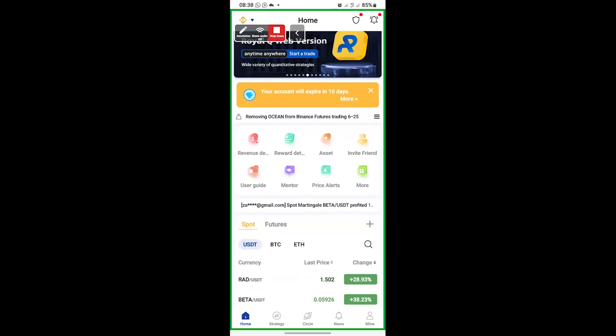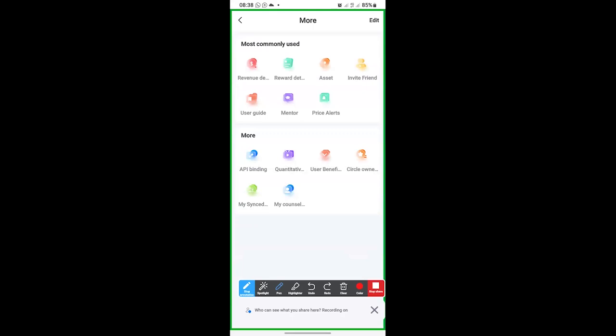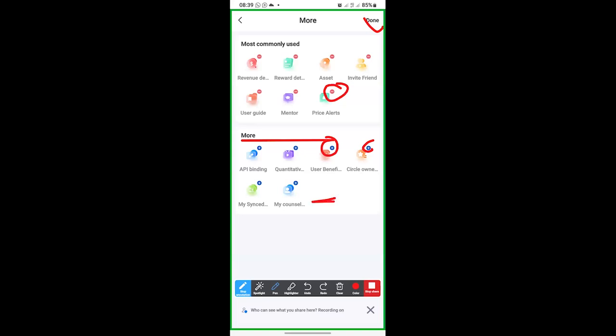Then you choose what icons you want to put on your home page, and you click edit there. By clicking on this minus, you're removing it from the home page. By clicking on this down here where there is more, you're adding it to the home page. So if you have your price alert here, you can add it on the home page.